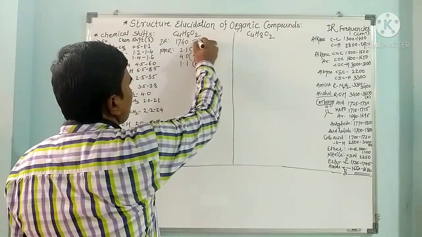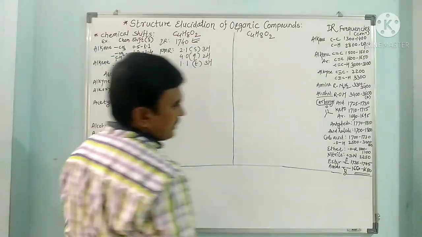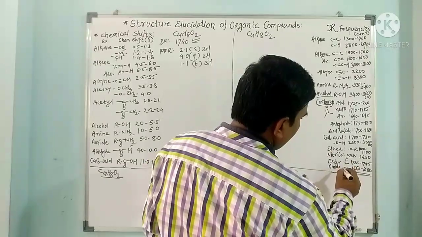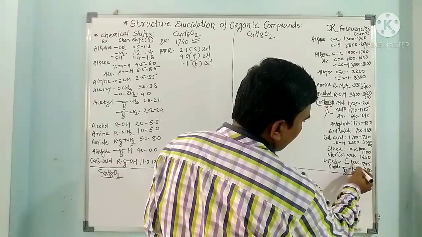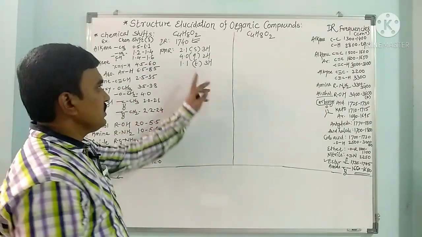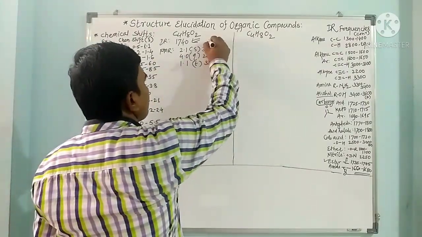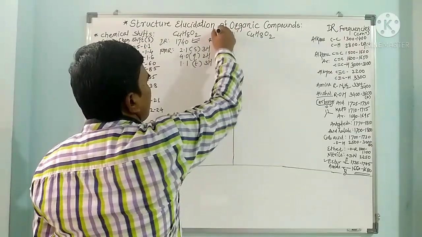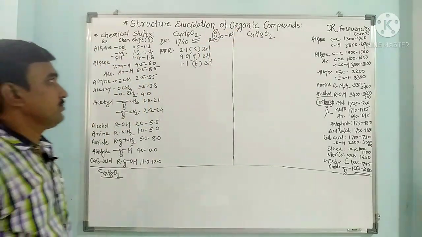From this 1740 IR, we can say this is the carbonyl of ester. So here the ester is there having carbonyl from 1735 to 1745. So here this may be carbonyl of ester, RCOOR'.